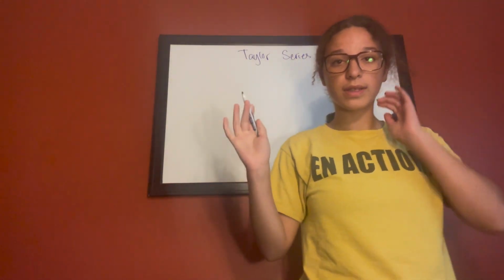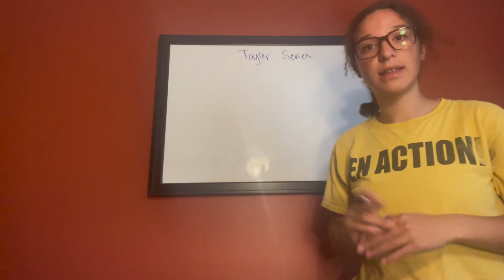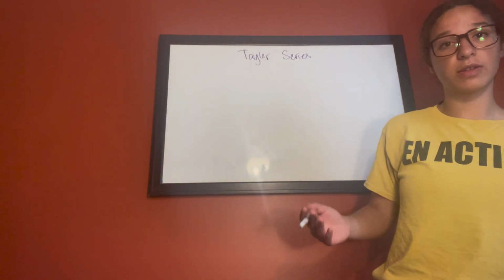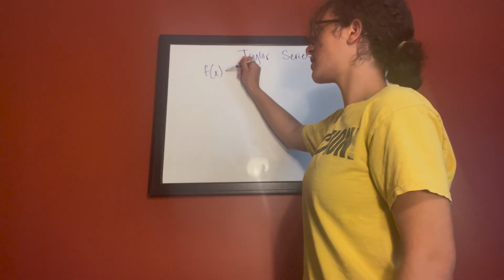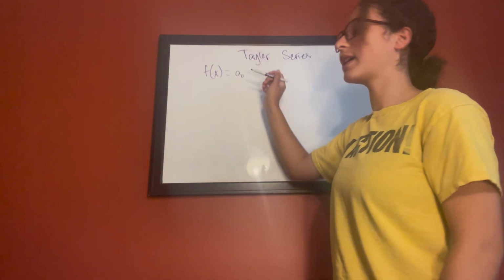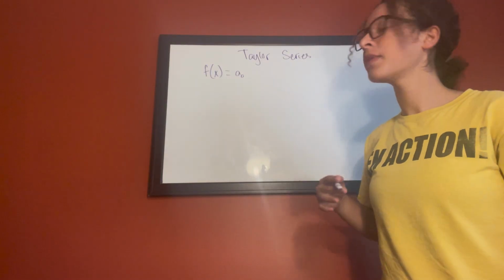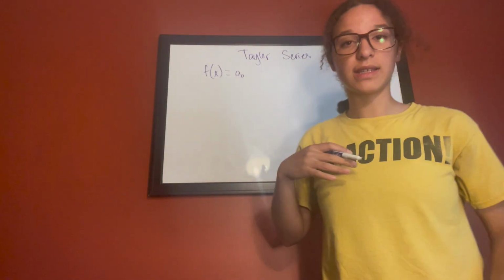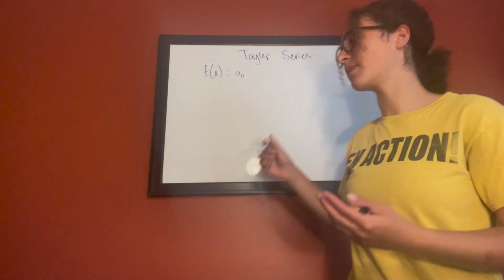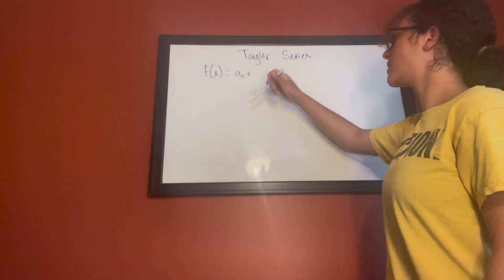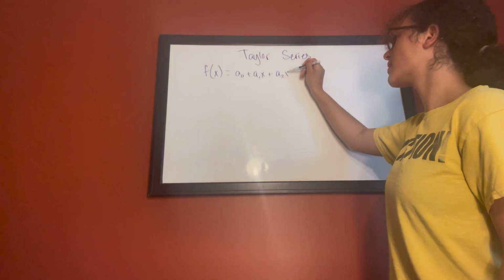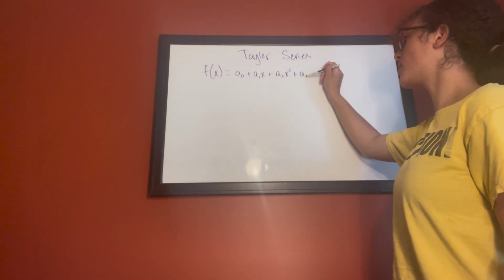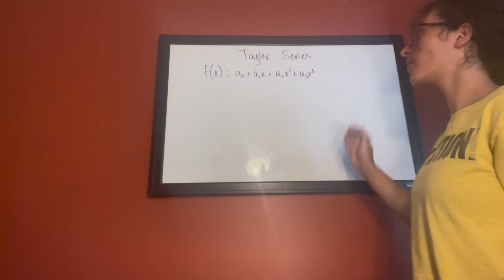Okay, so a Taylor series is an infinite series of polynomial terms, right? So think of f of x is equal to a0, right? That's the 0th power, and each term increases in its degree, if that is making sense to you guys. So you'd have a0 plus a1x plus a2x squared plus a3x cubed, right?